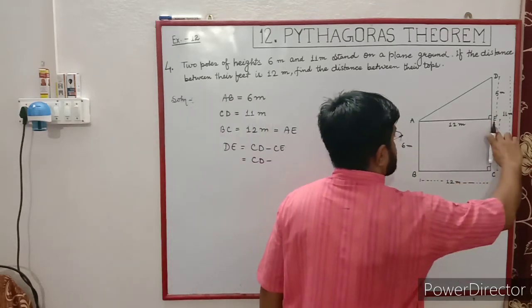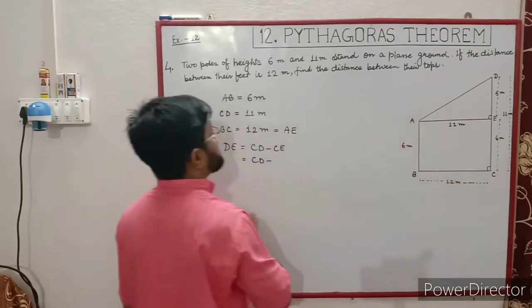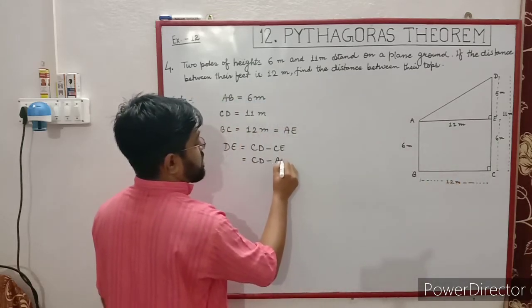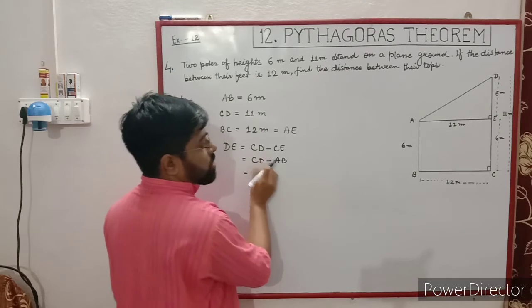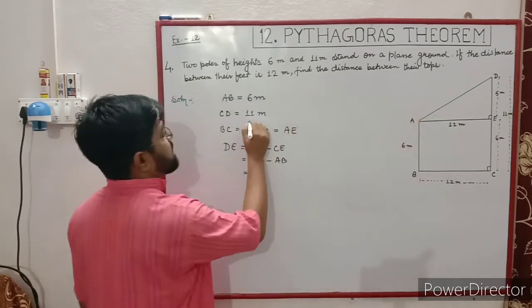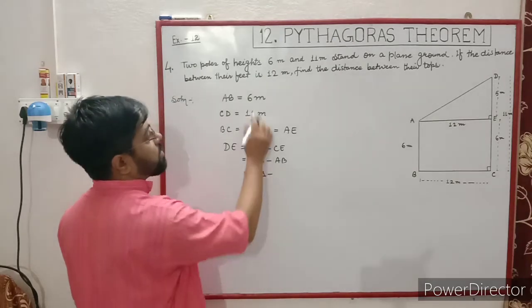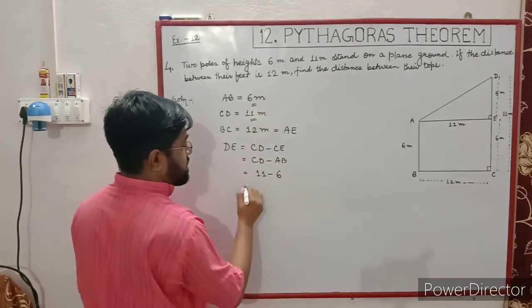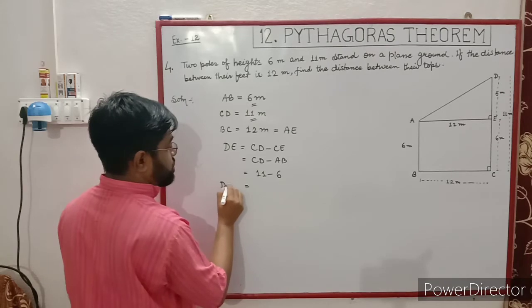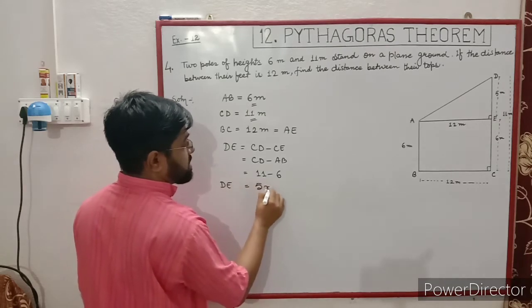See, the length of CE is equal to the length of AB. So the length of CD is given 11 meter minus the length of AB is given 6 meter. So DE is equal to 5 meter.